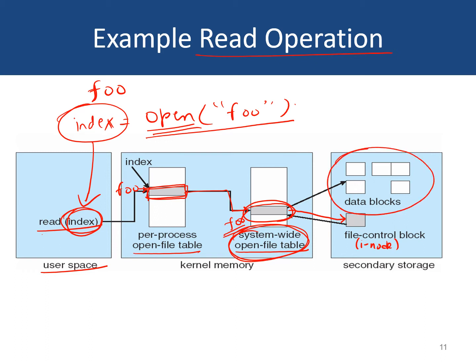So this entry for foo in the system wide table would actually contain a copy of foo's index node or the file control block. Now recall that this index node has the pointers to the actual data blocks which are stored on the hard disk. So from here we can access foo's data and read it. So this is a summary of how a read operation for the file would work.